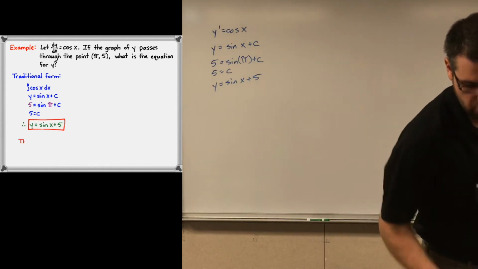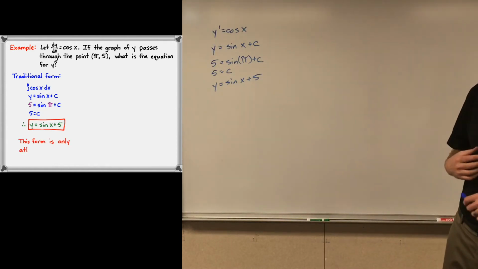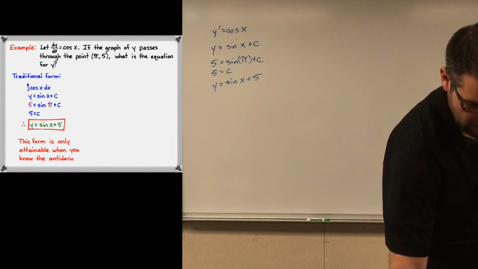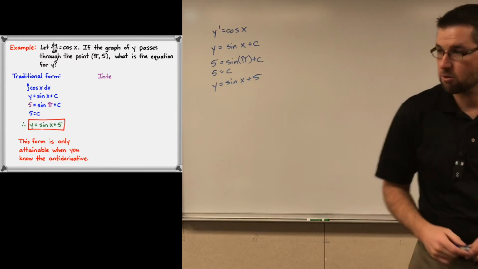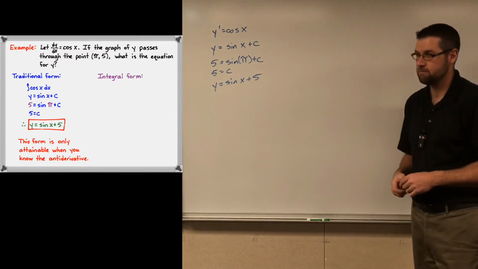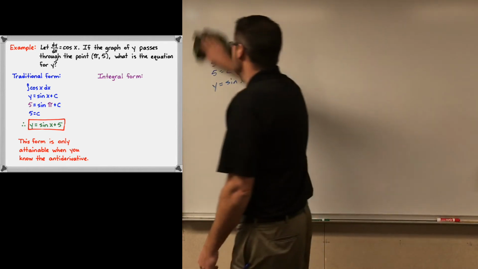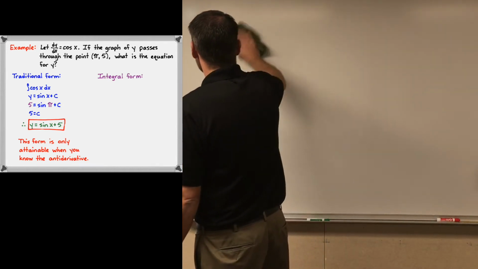Okay? So what we're going to do is what's called the integral form. This is only if we're capable of taking the antiderivative. So the integral form is going to look different. Now I want to explore this for a minute. Let's think in terms of definite integrals.